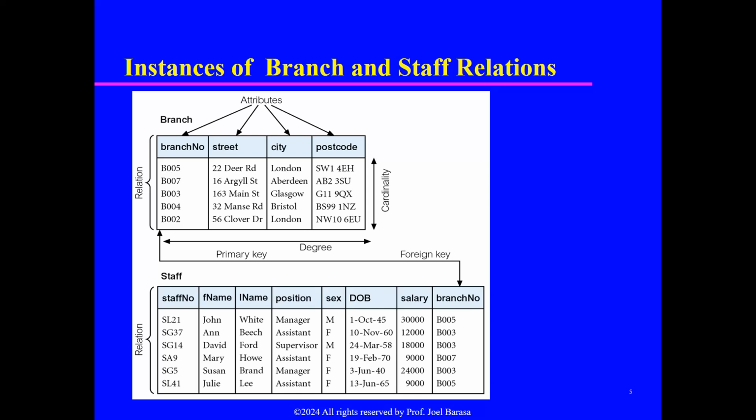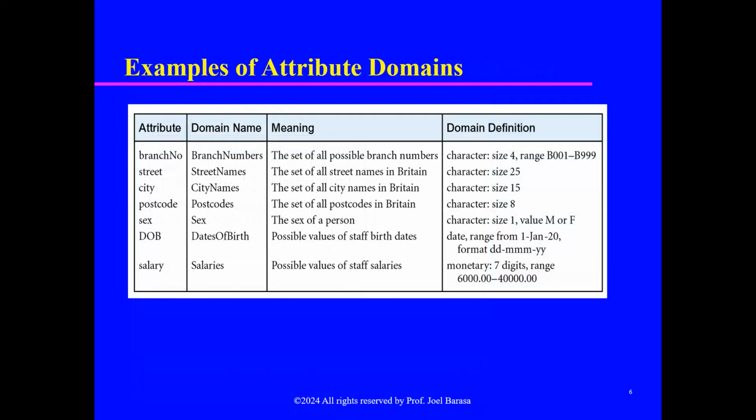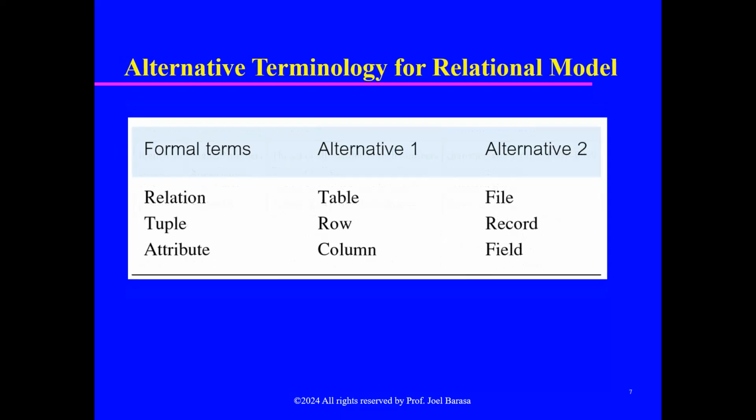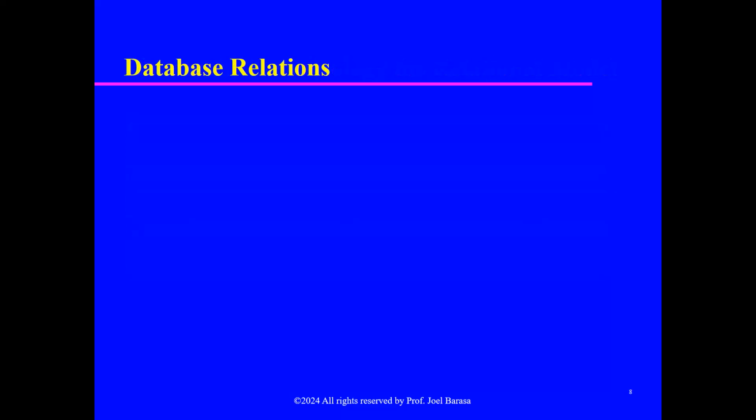Examples of attributes: we have branch number, street, postal codes, date of birth, salaries, and so on. Alternative terminologies: a relation is a table or a file, a tuple is a row or a record, an attribute is a column or a field, and so on.